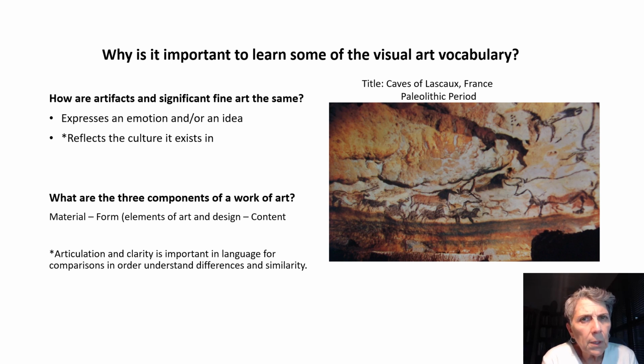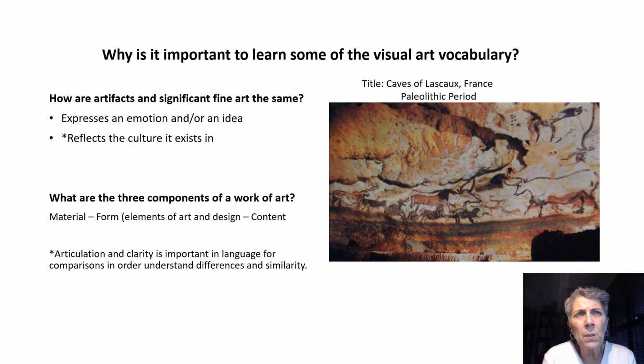But equally, if not more important, it reflects the culture that it exists in. That's very important. All those Egyptian works, Sumerian works, Greek works, they're reflecting what that culture was about, what their belief system was, and why they made those objects.